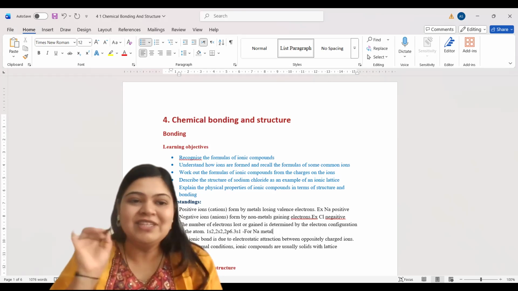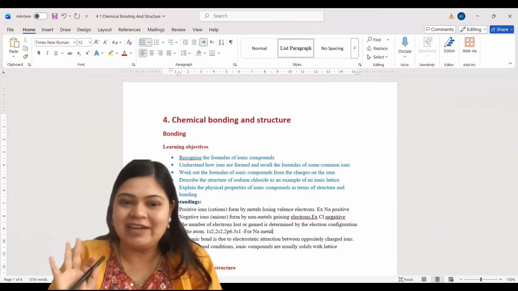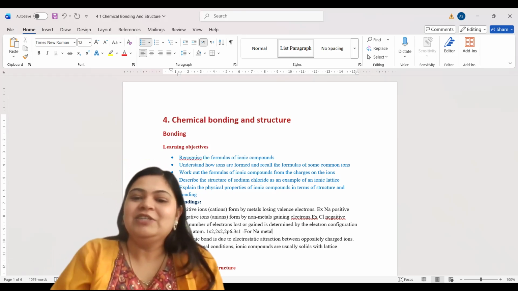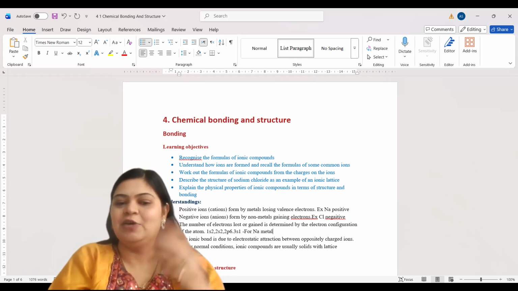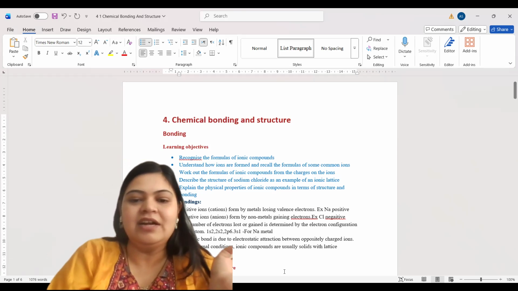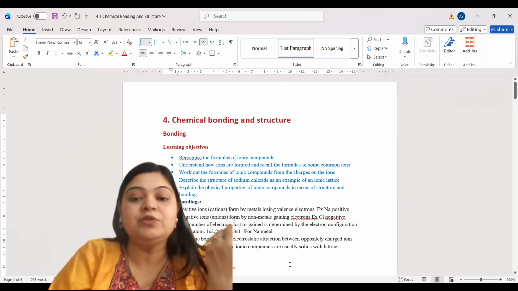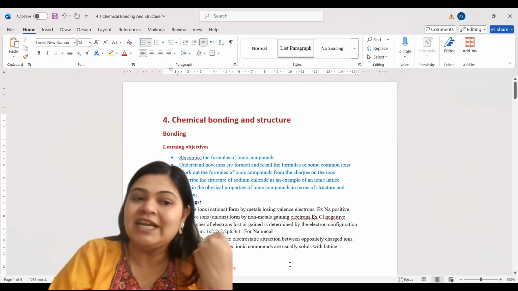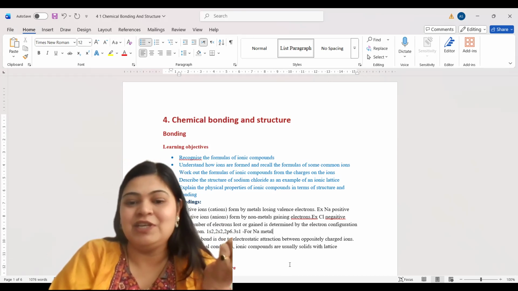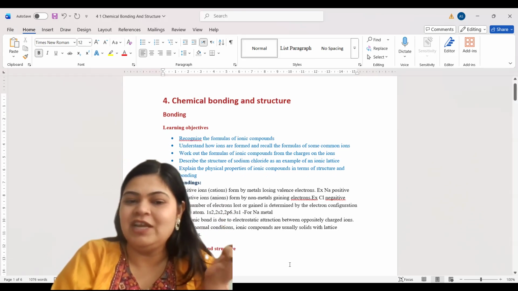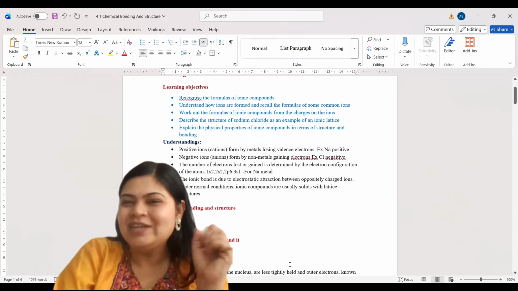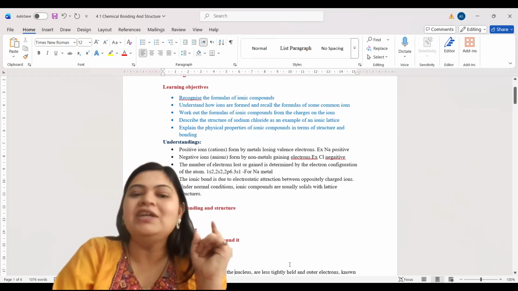Then the ionic compounds are usually solids with lattice structures and lattice energies. We are going to study all of this. Are you feeling a little bit interested?